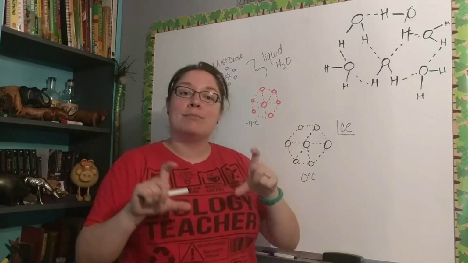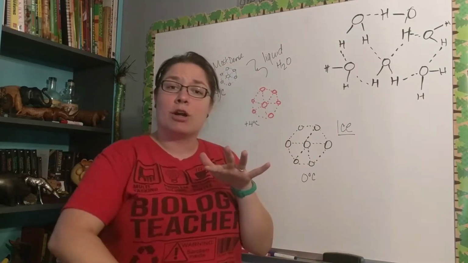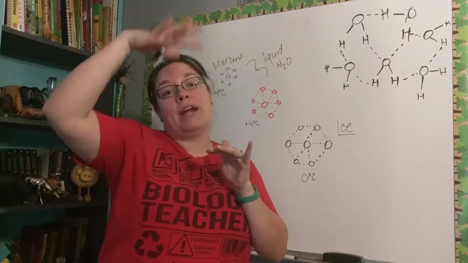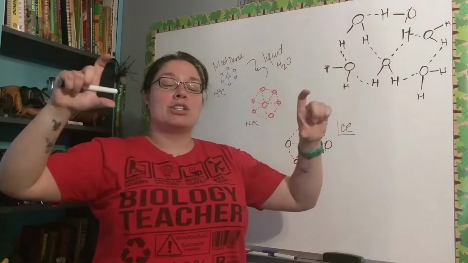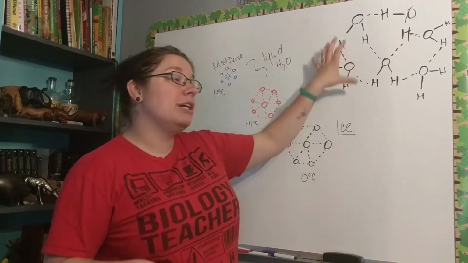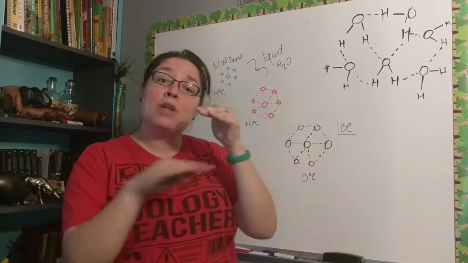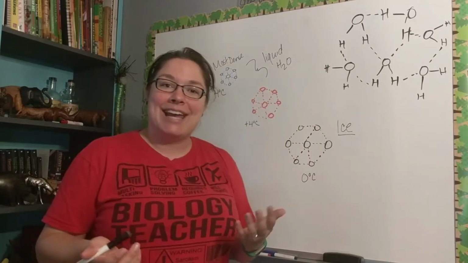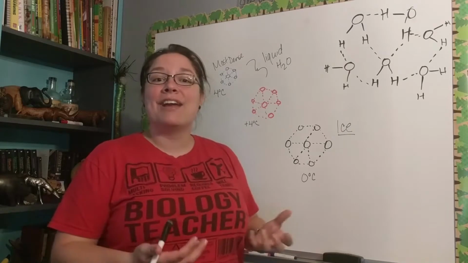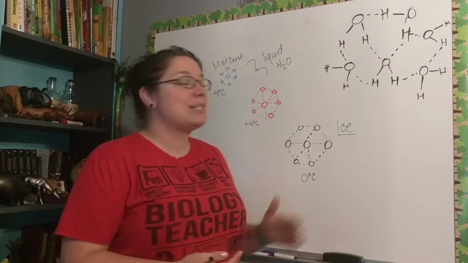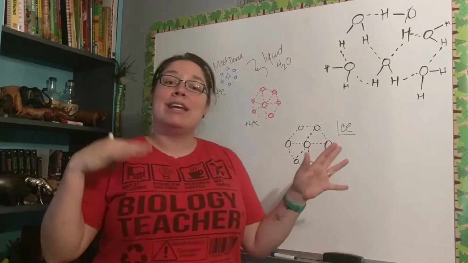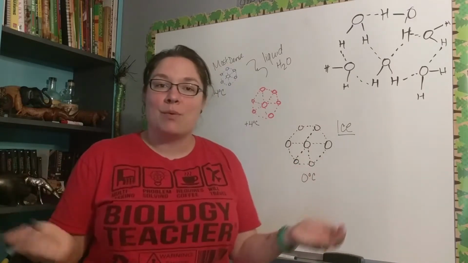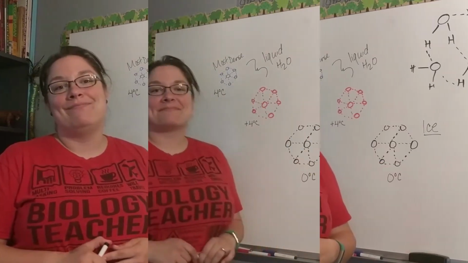Ice creates a barrier which protects the water below from the cold air above. So now you have all of this heat energy being trapped in the liquid water below the ice, which allows the lake to remain liquid. And then life can continue throughout the winter despite the fact that the air and the ground outside of the water can be pretty solid.